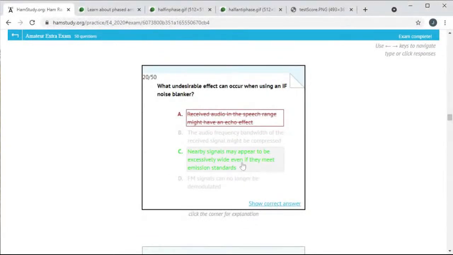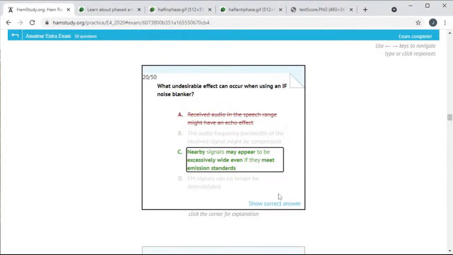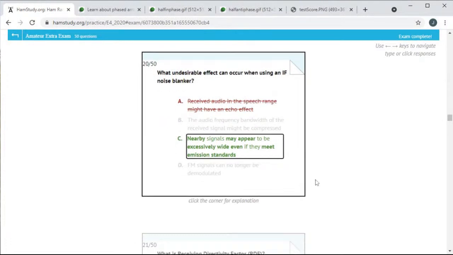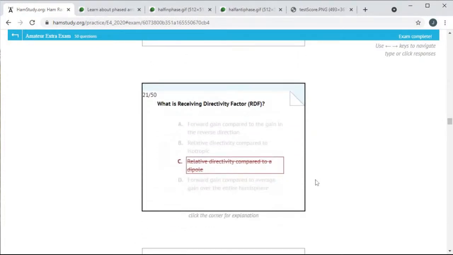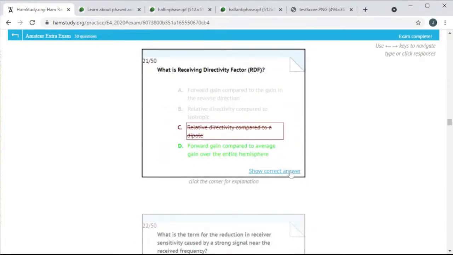And a noise blanker causes things to appear excessively wide. And it's forward gain. RDF is forward gain compared to average.